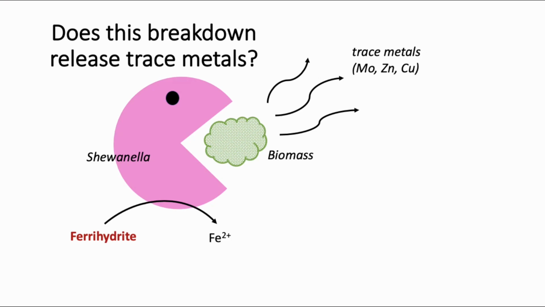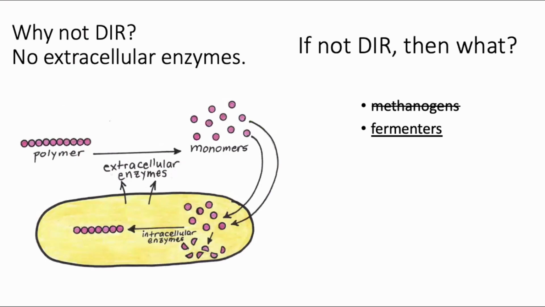That's difficult to evaluate, mostly because Shewanella is the most studied DIR bacteria out there, and the genomic studies of various DIR bacteria are somewhat limited. For Shewanella, there's no evidence whatsoever that they can produce those extracellular enzymes to facilitate this process. I believe there also is some genomic work for Geobacter, which has a lot of iron reducers in that genus as well.